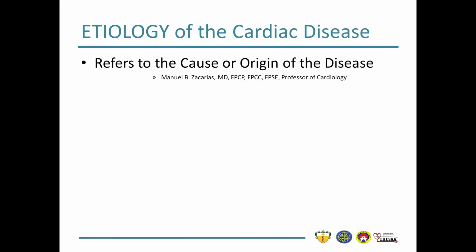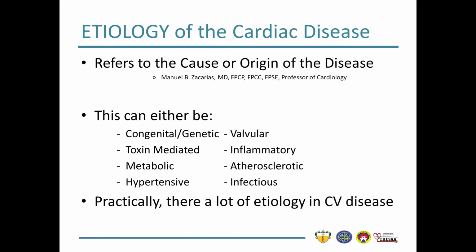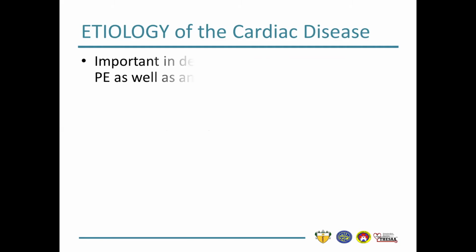So etiology of the cardiac disease refers to the cause or origin of the disease. This can either be congenital or genetic, toxin-mediated, metabolic, hypertensive, valvular, inflammatory, atherosclerotic, or infectious. Practically, there are a lot of etiologies in cardiovascular disease.